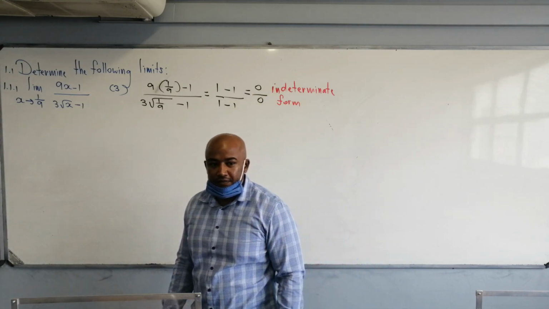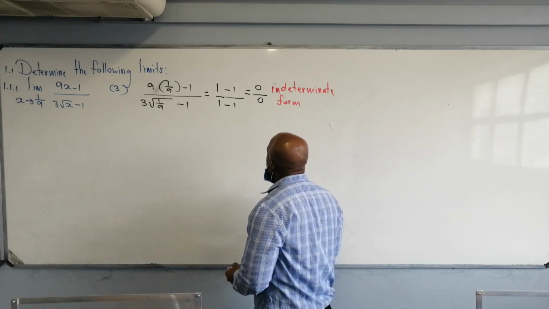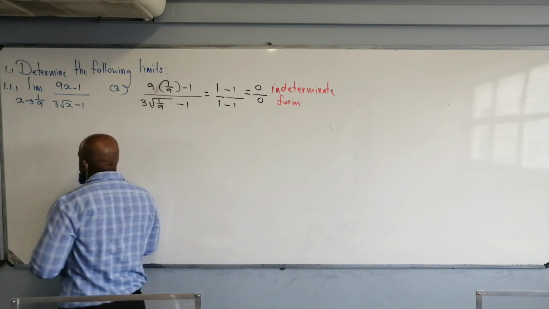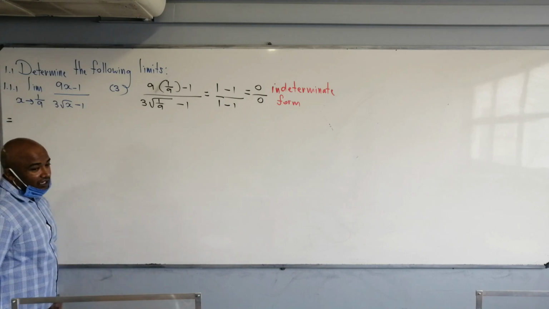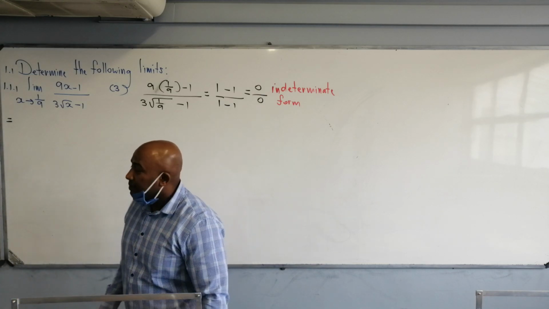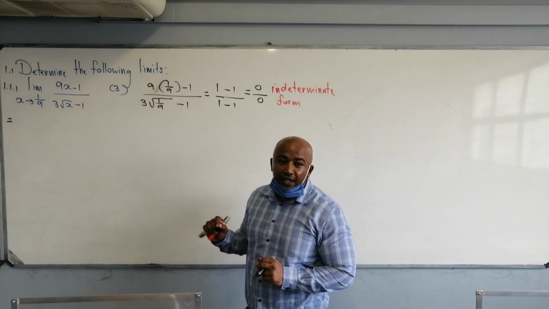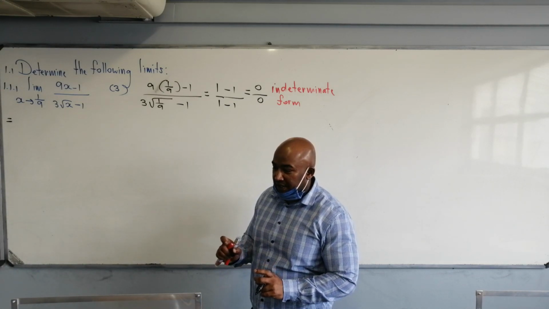So what do we do? If we have a limit in indeterminate form, we differentiate the numerator and the denominator separately.